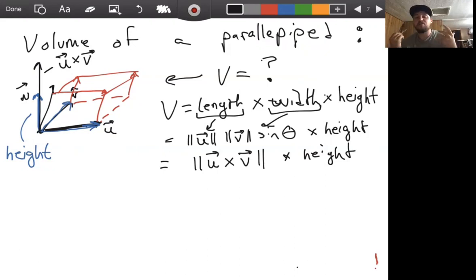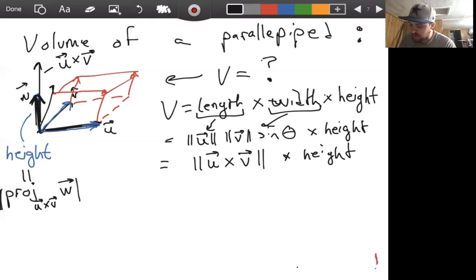We take its projection onto the cross product. So the height is given by the projection of W onto the cross product U cross V. This gets us a vector that is perpendicular to both U and V, that is also the height of this parallelepiped, right?